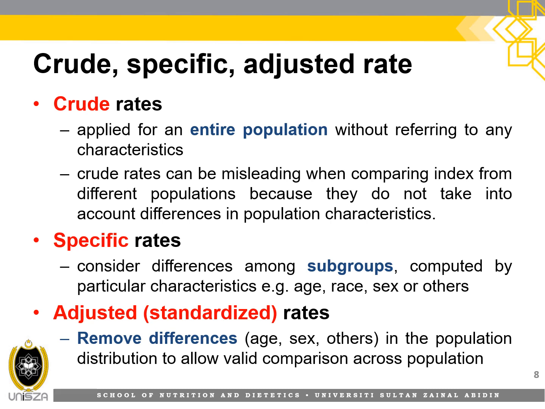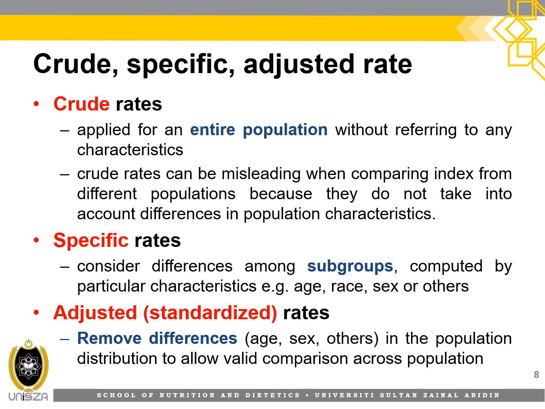Crude rates can be misleading when we compare indexes from different populations because they do not take into account differences in population characteristics. Specific rates consider differences among subgroups computed by particular characteristics, for example, age, race, and sex, or others. So you might have specific rates for male or specific rates for female.